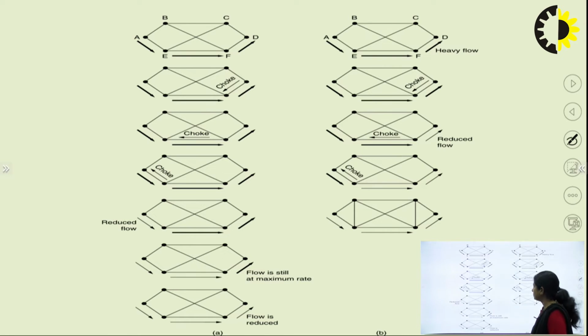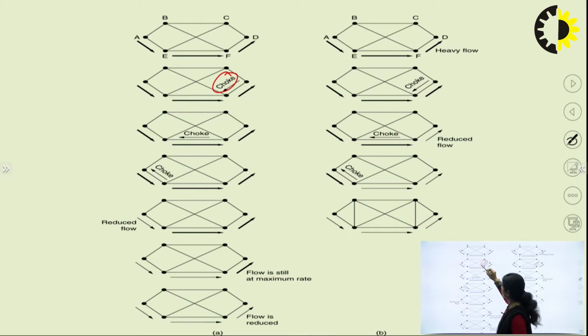In this diagram, diagram A, we see a choke packet has been sent to the source, or the sender, to reduce the flow. It has reduced the flow. If it is still getting a choke packet again, it will be an indication for the sender to reduce the speed or rate some more.